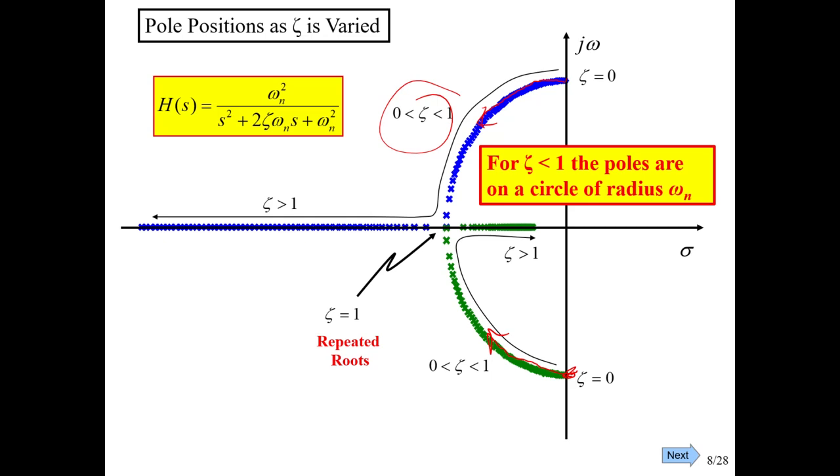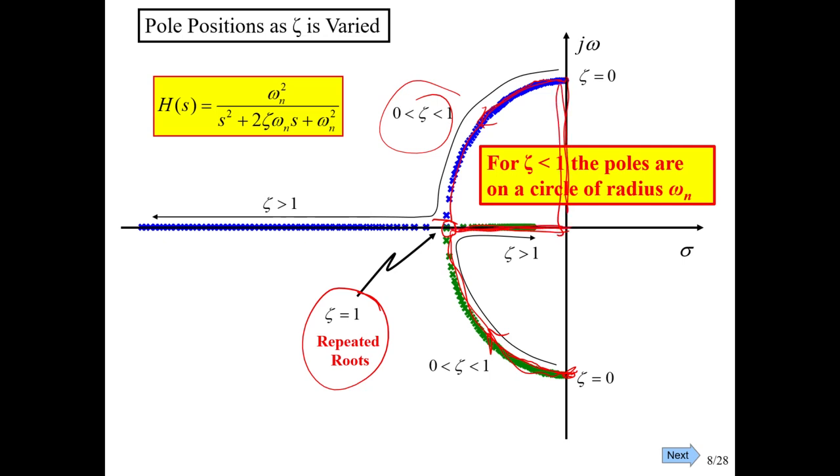And then when zeta equals 1, guess what? They hit right there. And now we have the two right on top of each other. That's the repeated poles. I didn't quite make the plot correct here. Is this distance here really the same as this distance?